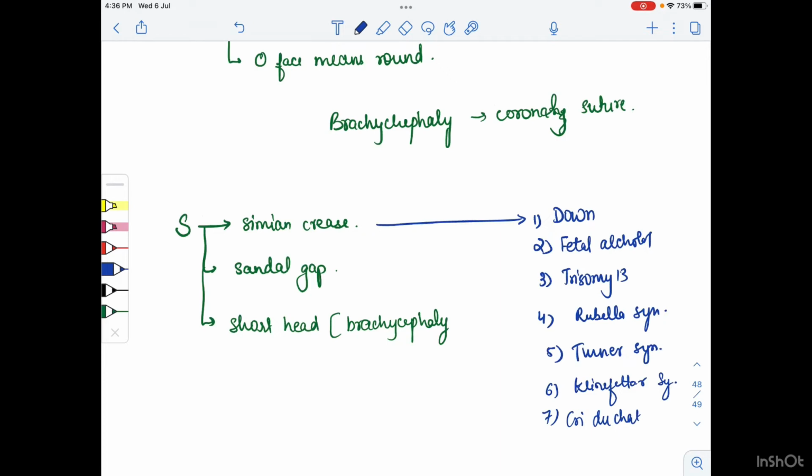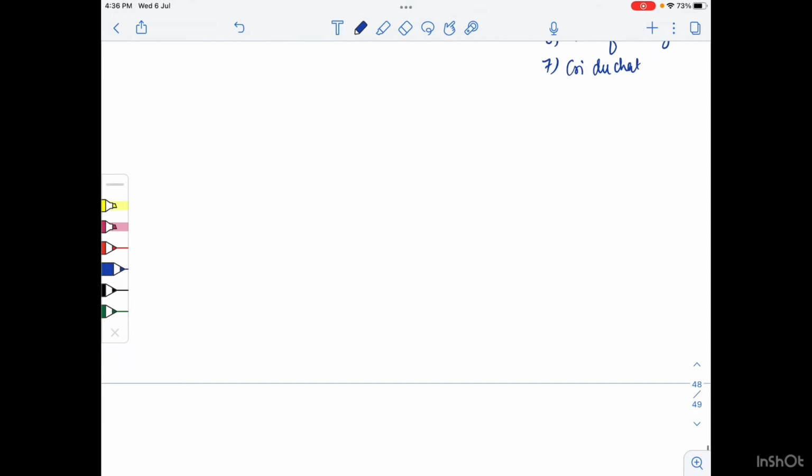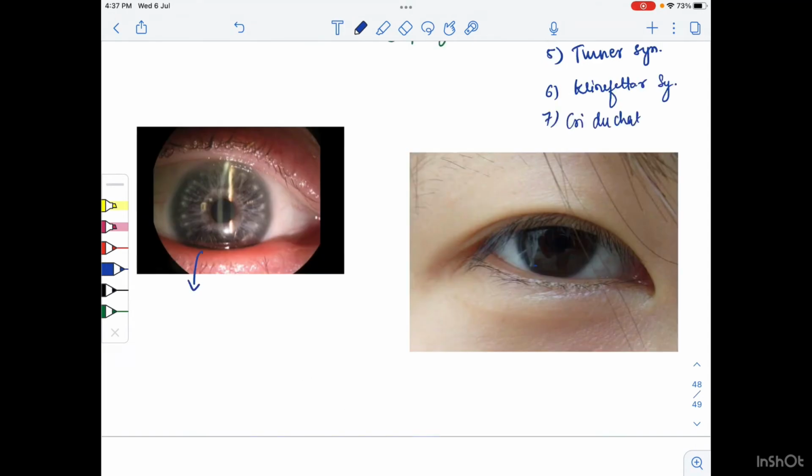Now the next one is how the features will look. Let me show you some images. In this image, we see the eye with Brushfield spots on the iris. And this one is the epicanthal fold, which is seen in Down syndrome.